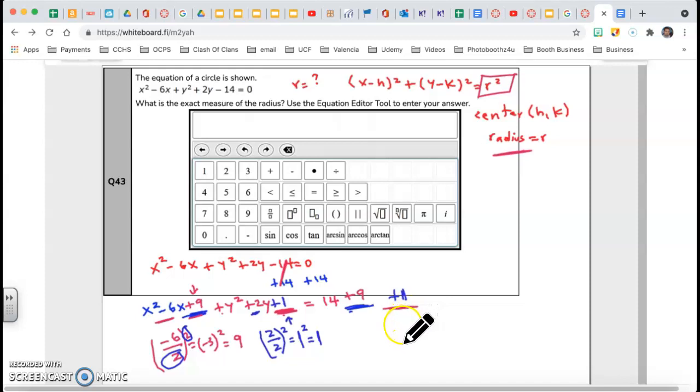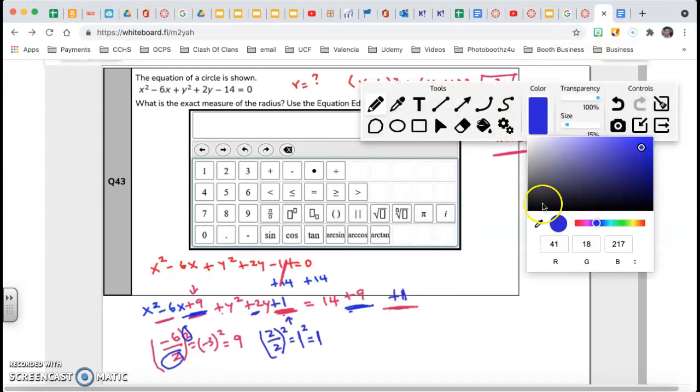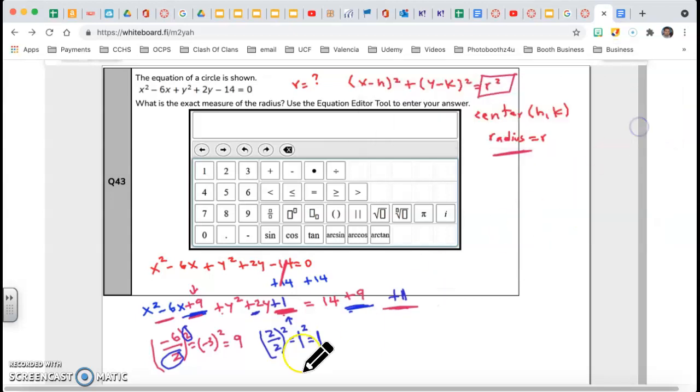It stays balanced. Let's organize all that information. I'm going to put it underneath: x squared minus 6x plus 9, plus y squared plus 2y plus 1, equals, and I have these three numbers on the other side.